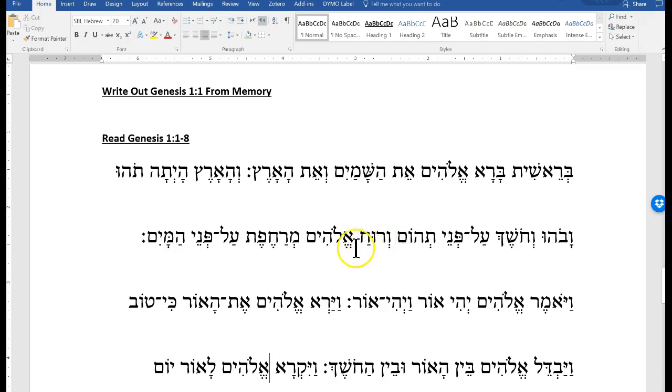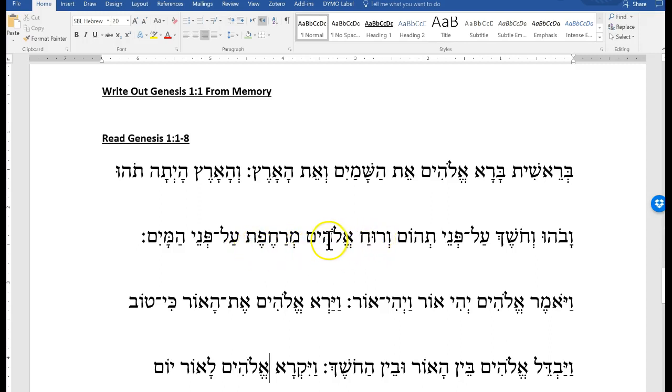And Ruach Elohim, so this is going to be a construct too, Spirit of Elohim. And Spirit of Elohim, and this is a Piel participle. She was hovering, and Ruach in Hebrew is feminine in gender, so it's going to take this feminine Piel participle.